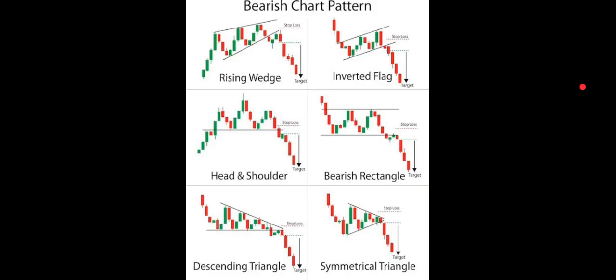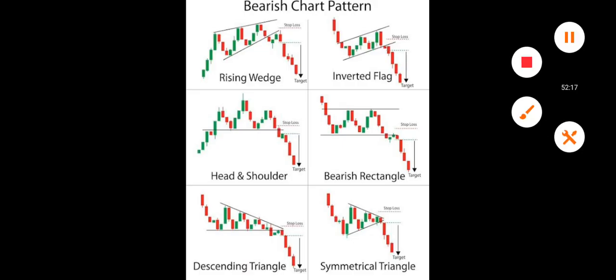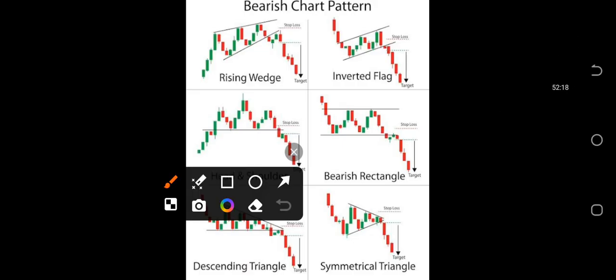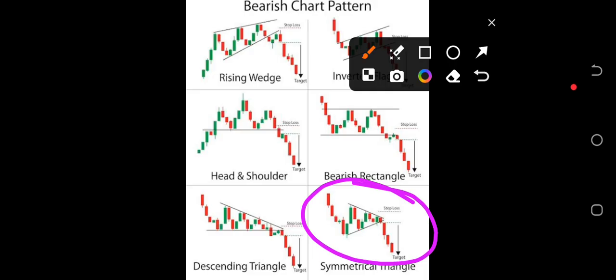And then for this particular slide, we have the symmetrical triangle. Sometimes you may see a pattern like this in the market. For the bearish patterns, please always pay attention to the sellers.